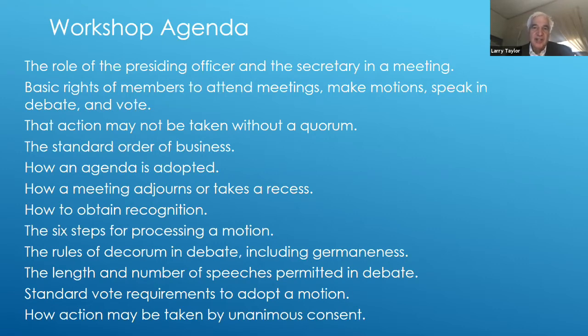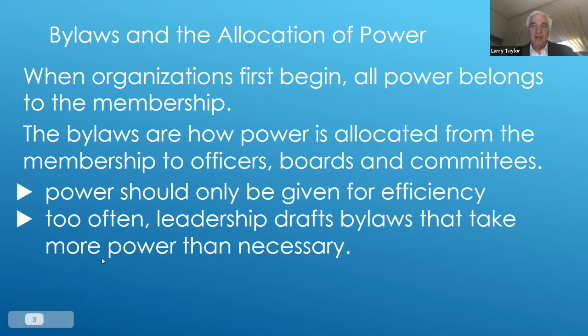We'll talk about the 6 steps for processing a motion, the rules of decorum and debate, including germaneness. We'll talk about the length and number of speeches permitted in debate, the standard vote requirements to adopt a motion, and how action may be taken by unanimous consent. Unanimous consent and suspending the rules are my 2 favorite topics right now within Robert's Rules of Order.